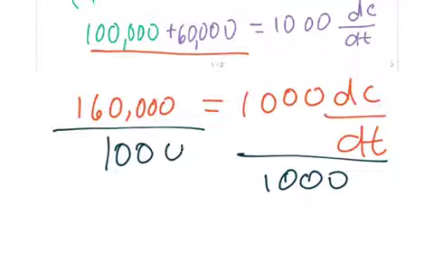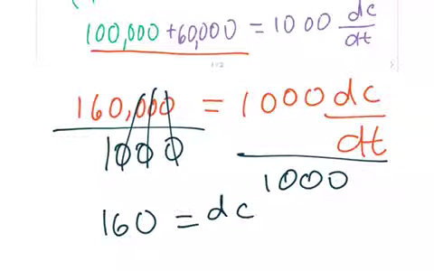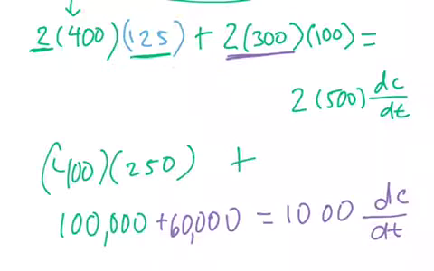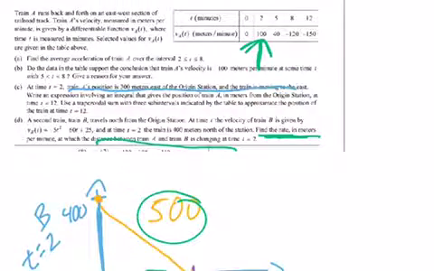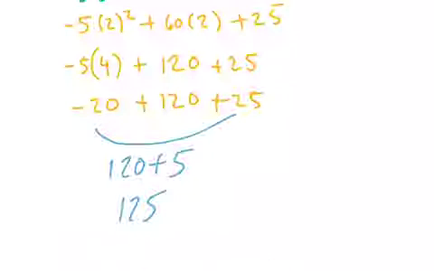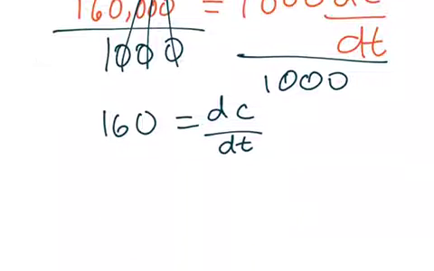So that cancels. I'm left with 160 equals dC/dt, and then let's go back to the beginning of the question. What is it asking for? It is saying find the rate. The rate is in meters per minute. Meters per minute. And there's my answer.